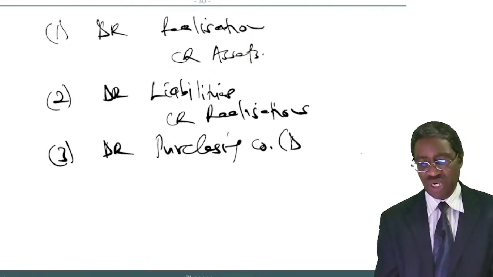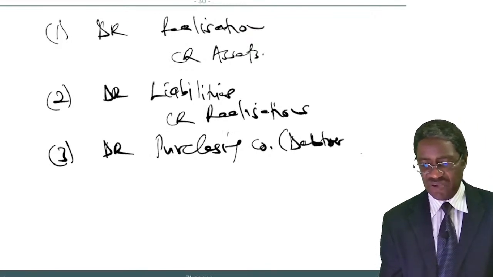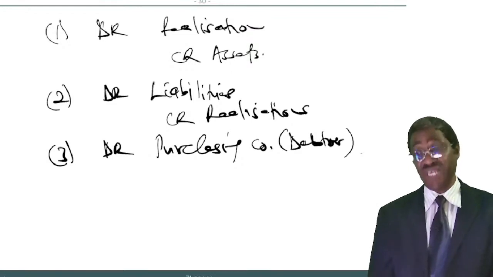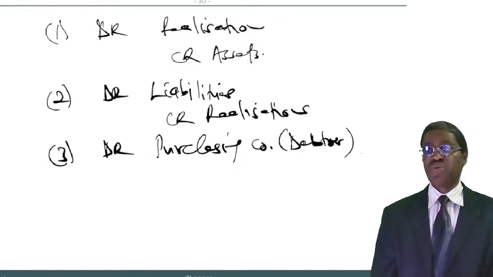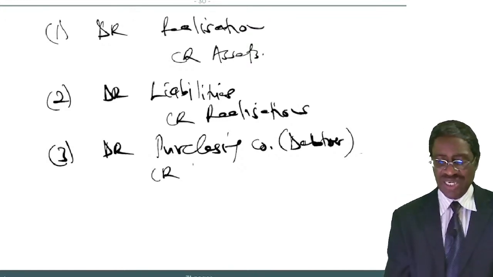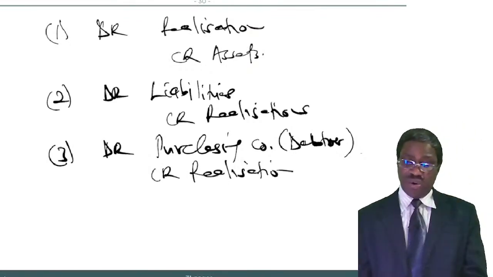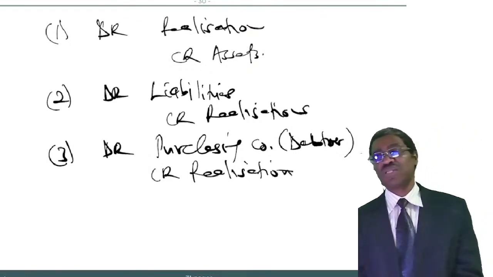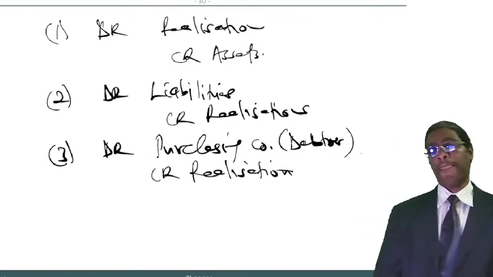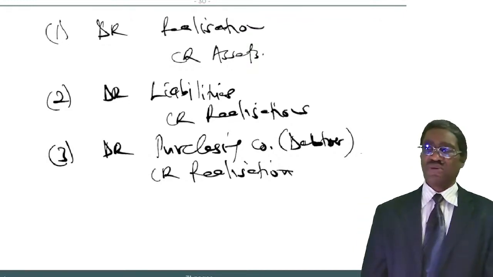In bracket, you can put the name. Don't forget, we are charging that company called B. Debit purchasing company, you credit realization. I was assuming that 50 million, that's what we are charging B. Good. That's number 3. Let's go to number 4 now.